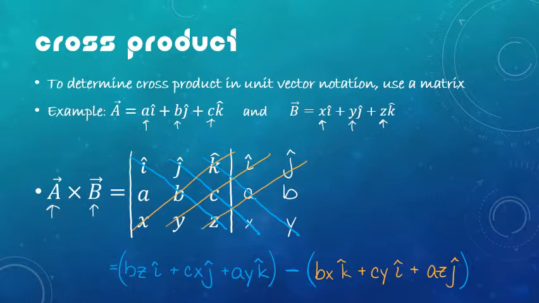If I actually had numbers in here, I would then multiply those numbers out and combine like terms so that in the end, my resultant would just have something times i hat plus something times j hat plus something times k hat. We'll, of course, apply this to several physics scenarios throughout the year.